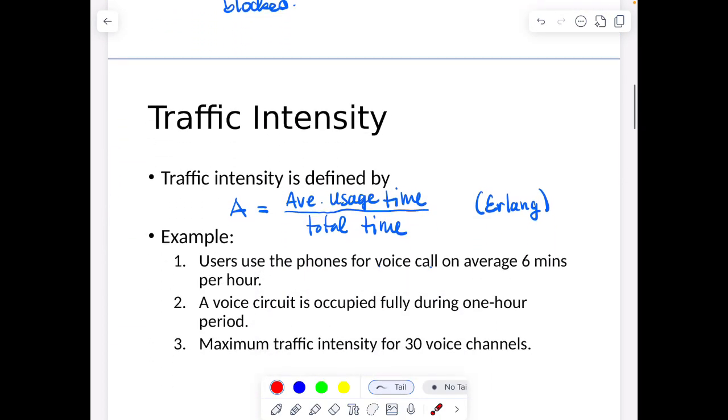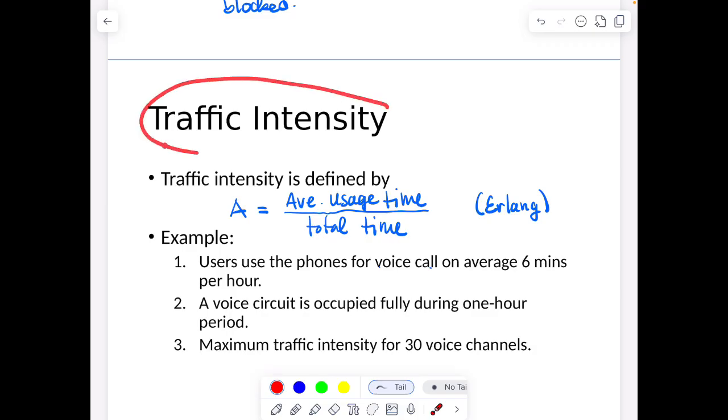Now, before we get to how we compute or predict this call blocking probability, we have to find a way to measure how intense the traffic is. Traffic here is how busy the network is, or how big the number of call requests to get connected to the base station is.